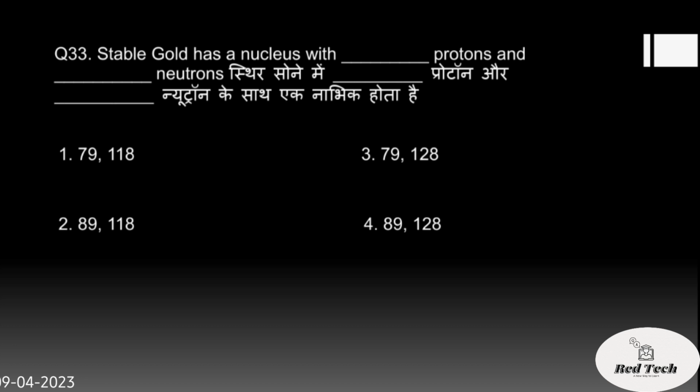As you have seen in the previous question also, gold has atomic number 79. The number of protons is equal to the atomic number, so the number of protons is 79 and the neutrons are 118. So the right answer is option number 1, 79 its atomic number or proton number, and 118 its neutrons.